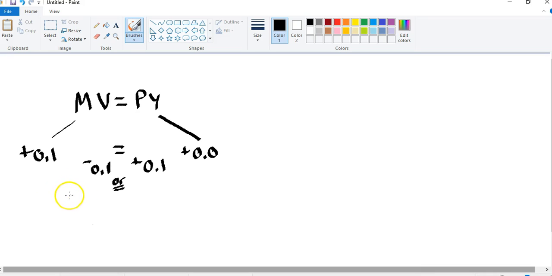If we look at the first scenario, velocity decreases, we would have on the left side of the equation plus 0.1 minus 0.1, which equals 0. And with a change in output of 0, to make the right side complete, we must be adding a price increase of 0.